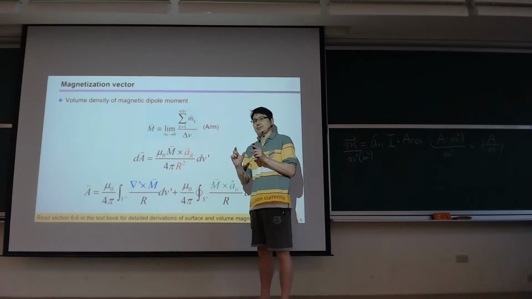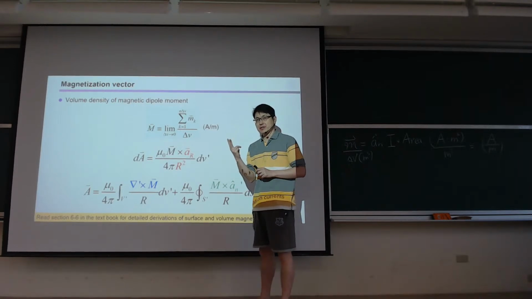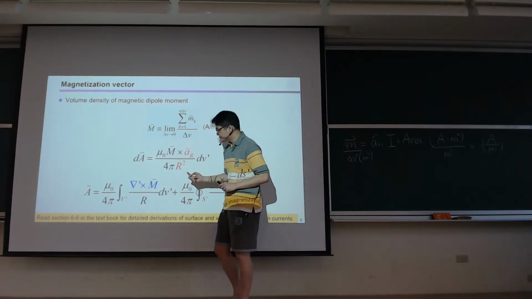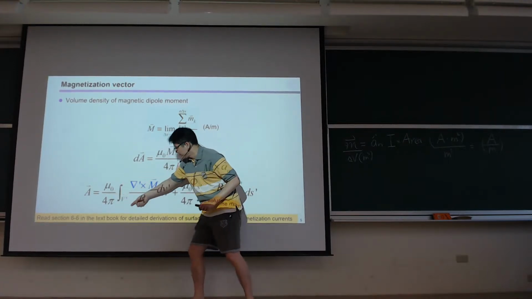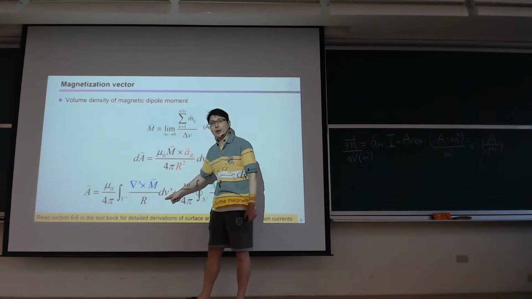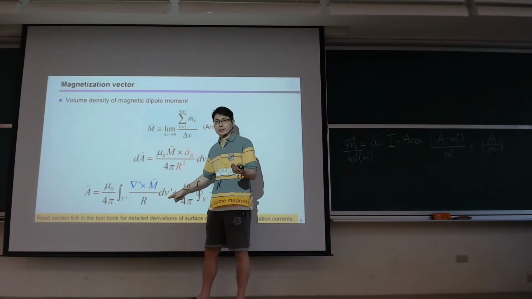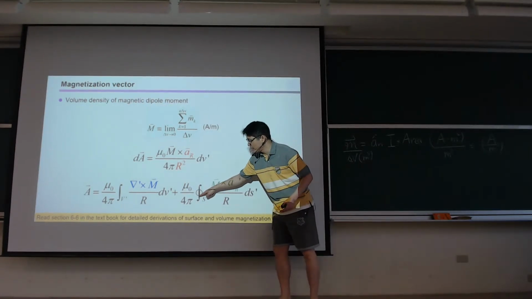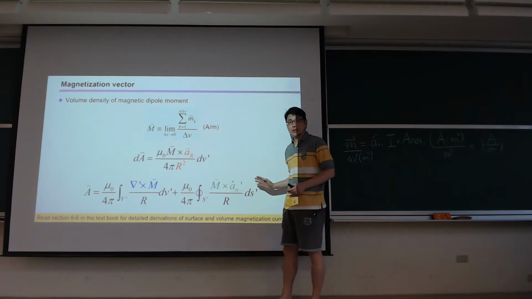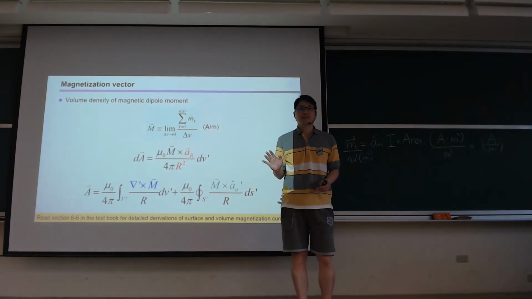But the M comes in two functions. One is, you notice the first term here is a volume integration. It's a three-dimensional volume integration. And the second contribution is a closed surface integration.